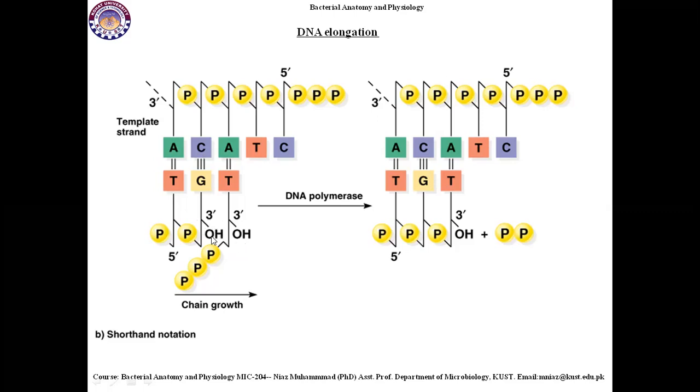So the 3' end provides an empty site to make a bond with the 5' of the coming nucleotide. A water molecule will be released and a phosphodiester bond will form, and this phosphodiester bond as a backbone will increase.